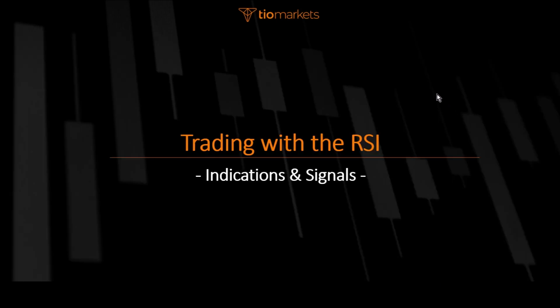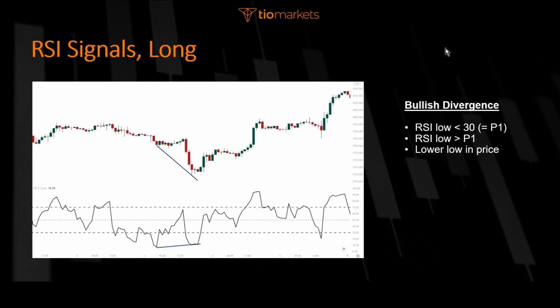So, trading with the RSI, I'm going to give you some trading signals that we can then apply in different market regimes. First of all, I'm sure most of you have heard about bullish divergence. That's where you have RSI below the 30 value, and it creates an inflection point here. We call this P1 in this presentation.